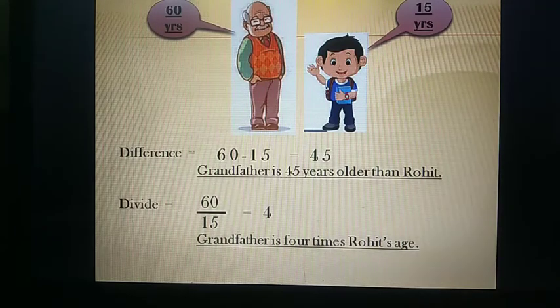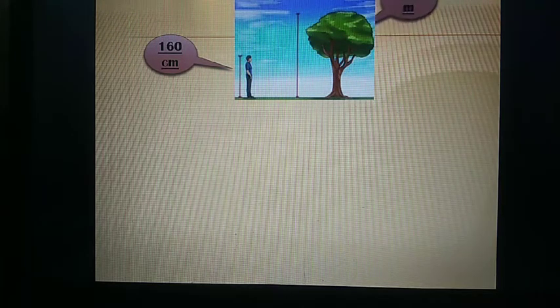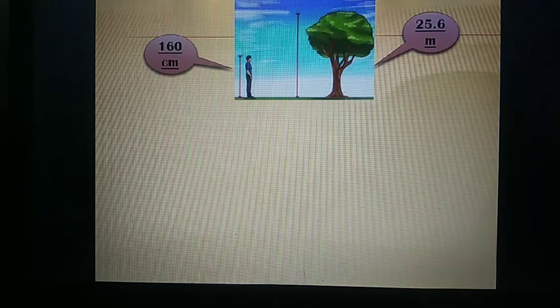Let's consider one more example in which height of a man and height of a tree is given to you, but the unit is not same. The very first thing we will do here is make the unit same. 1 meter means 100 centimeter, so 25.6 meter means 2560 centimeter.